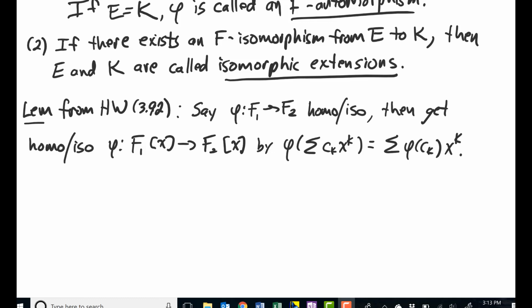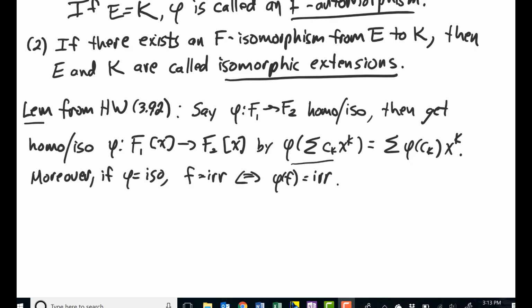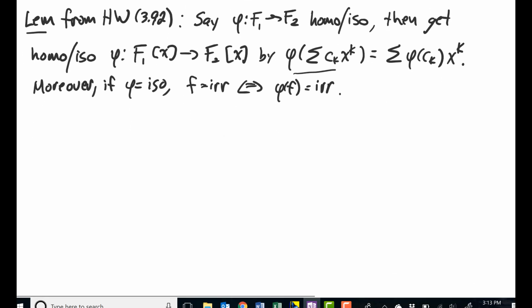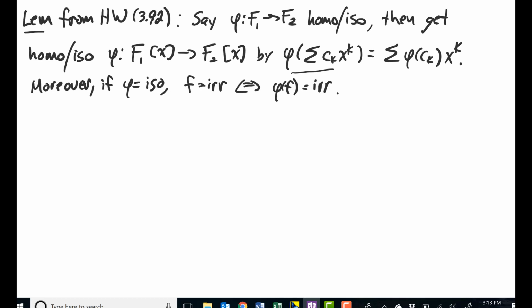So phi going from polynomials over F1 of x to polynomials over F2 of x, simply applying phi to the coefficients. So here's the formula there. Phi on the sum of c_k x to the k is just the sum of phi applied to c_k, x to the k. And of course, if phi happens to be an isomorphism, then the original polynomial f is irreducible if and only if phi of f is irreducible. So we're going to use this lemma a number of times in the next theorem.